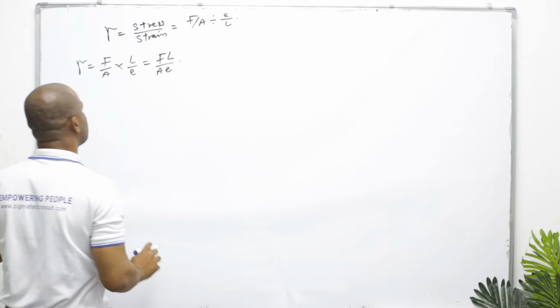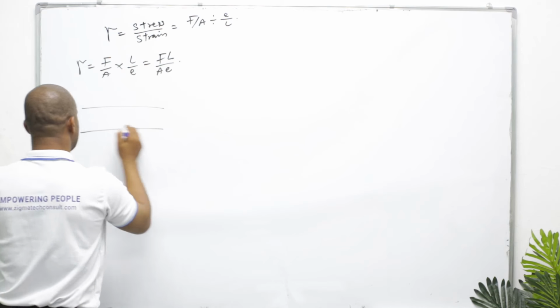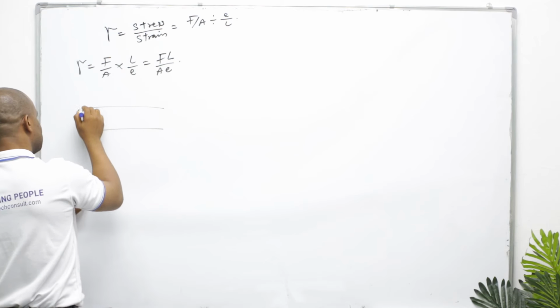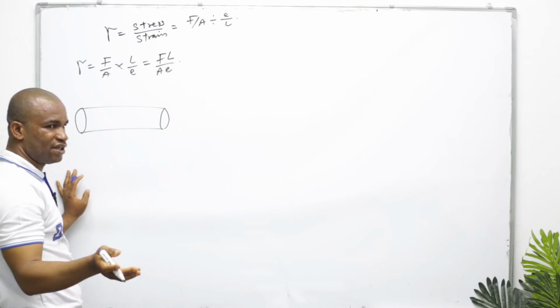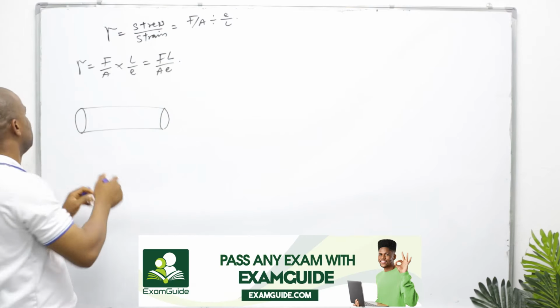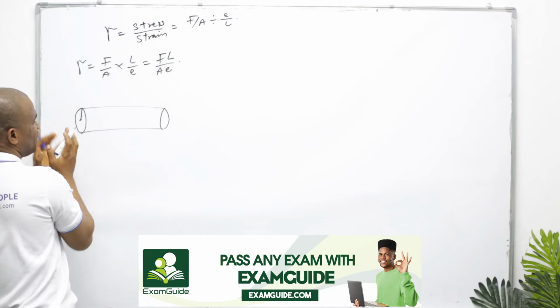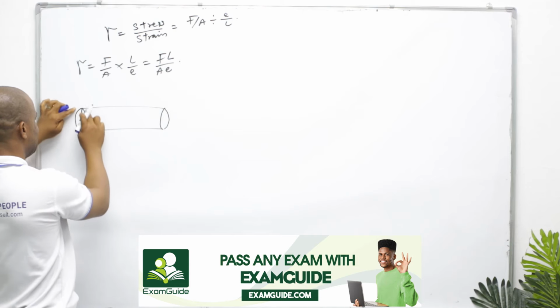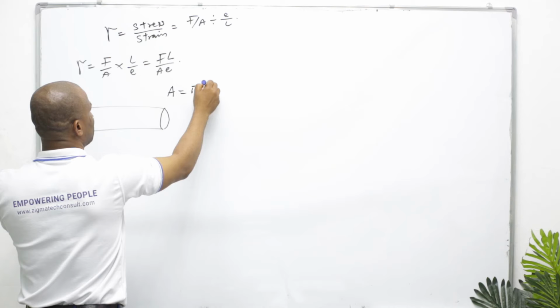Now, from this question, A, because it's a wire, remember, any wire you see, if I zoom it, I am zooming this wire right now. You know, wire is very small, according to what you think. But if you zoom it very well, wire is like a cylinder with a circular face. Because of that, the area is a circle. So we're going to say A is equal to pi r squared.